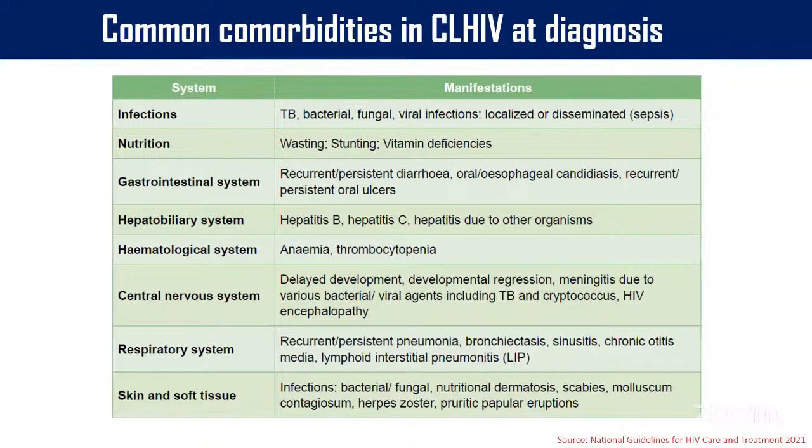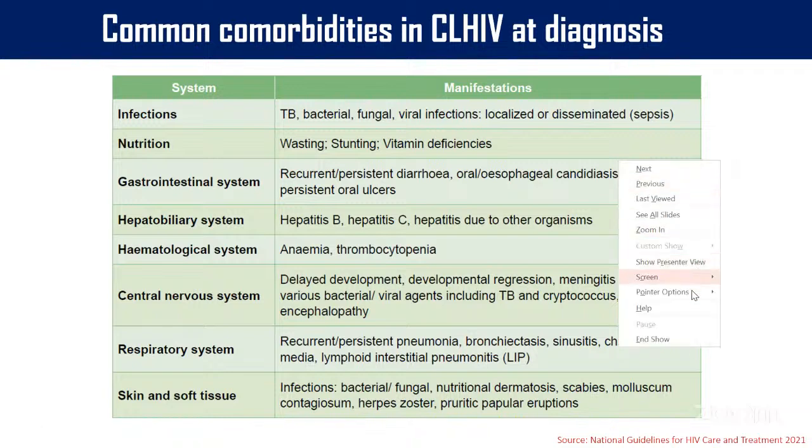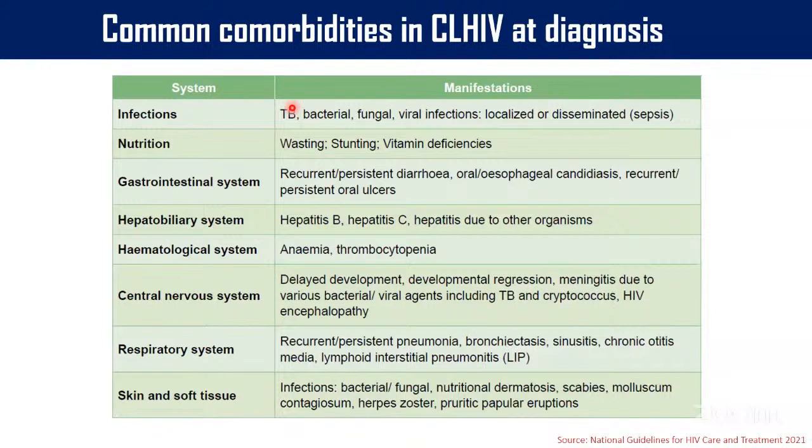The common comorbidity of CLHAV, especially at the time of diagnosis, you can see a list of systems where you can see the comorbidity. But among these systems, you can see the opportunistic infection is the major cause for that.